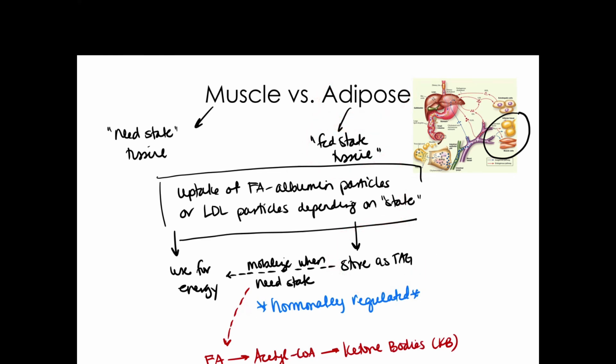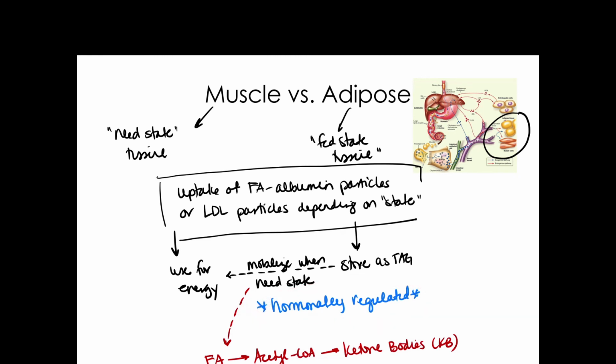An important piece to this puzzle is the ability to tap into, well, what if you're in a need state, and what if you don't have fatty acids circulating around in your bloodstream? You need to be able to mobilize the ones that are stored in your adipose tissue to use for energy. This is hormonally regulated.